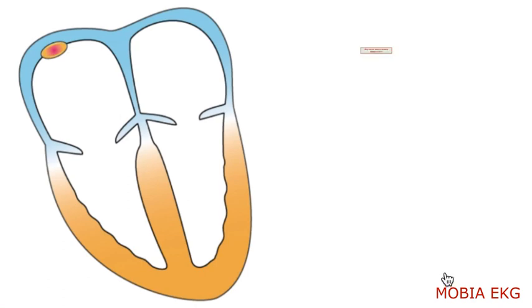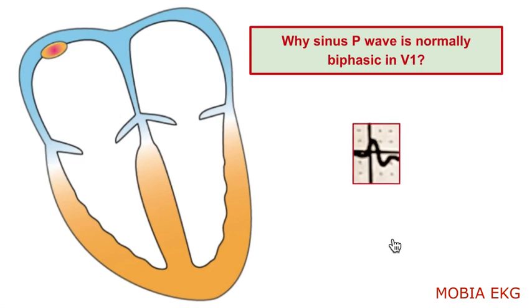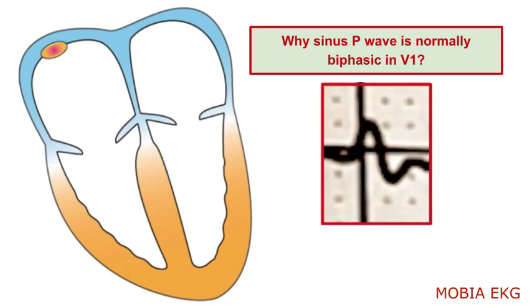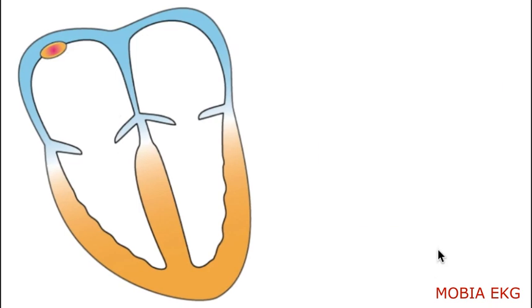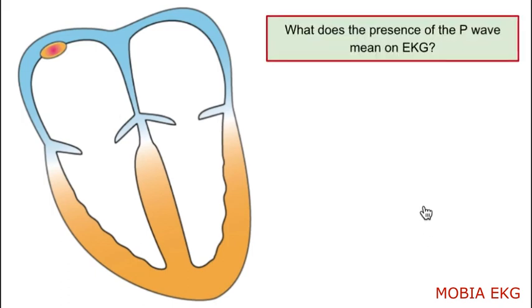Why is the sinus P wave normally biphasic in lead V1? During the assessment of the EKG, what comes to your mind when you see the P wave? What event should occur to see the P wave on EKG?